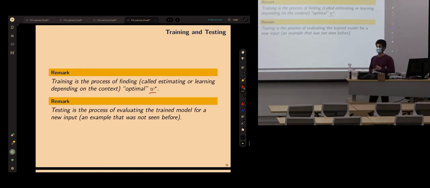The objective you define. If you change it, then the notion of optimality will change. So training is the process of finding W. You could say that we are learning W or estimating it.